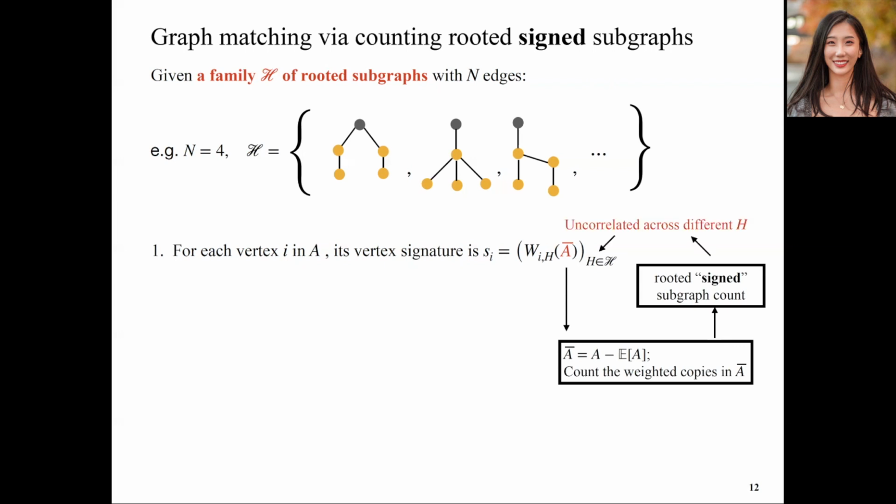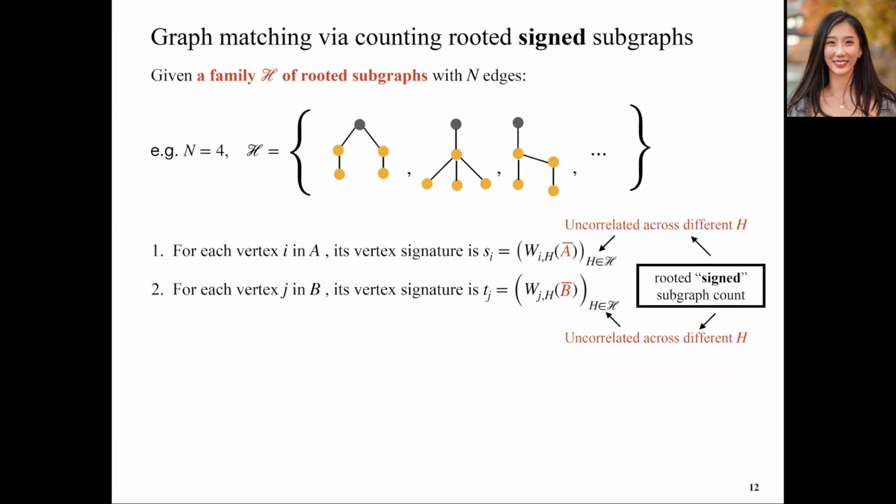Having this, we can show that all the entries become uncorrelated with each other, resolving the previous issue. We can do the same thing for each vertex in B, construct its corresponding vertex signature, and show that by doing this rooted sign subgraph count, all the entries become uncorrelated.